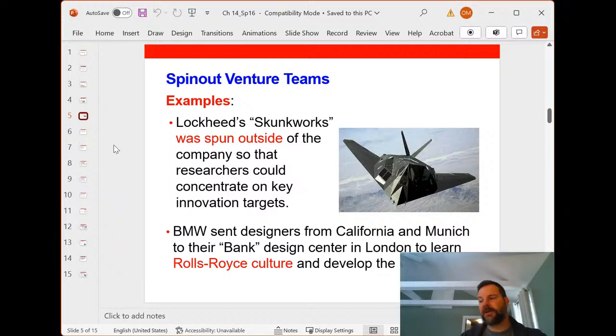In that case, they were going completely away from what BMW had always done, trying to create a product with a totally different culture than what they're used to. So that's a spin-out venture. Another example is the Mini case that we had with BMW, which is like a spin-out venture, where the Mini is totally different from the BMW.